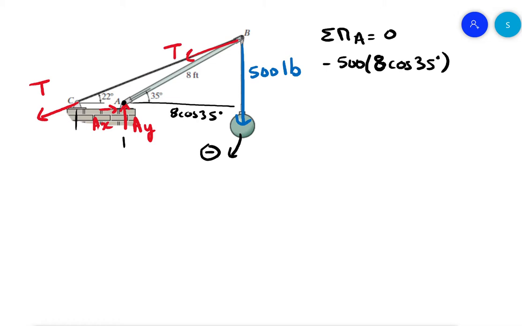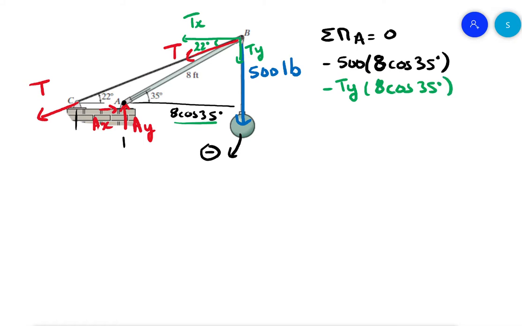We have a Tx and a Ty, and we have the 22 degrees, the same as this one, the internal angles. For the moment about A, Ty tends to rotate in the negative direction. So we have minus Ty times the same 8 cosine 35.